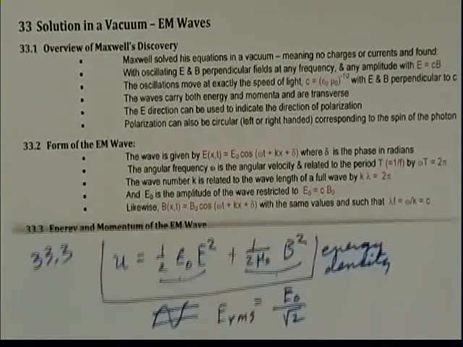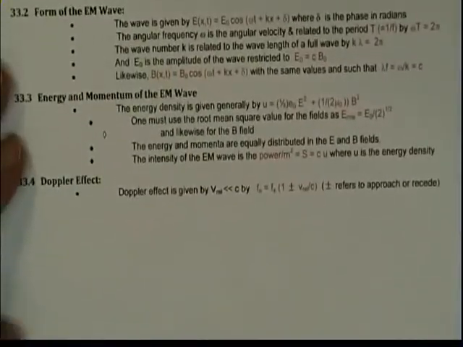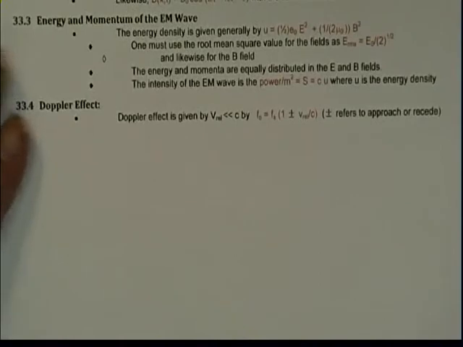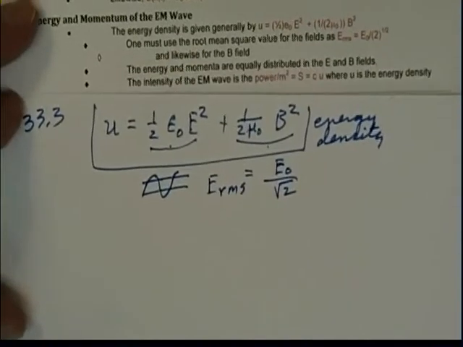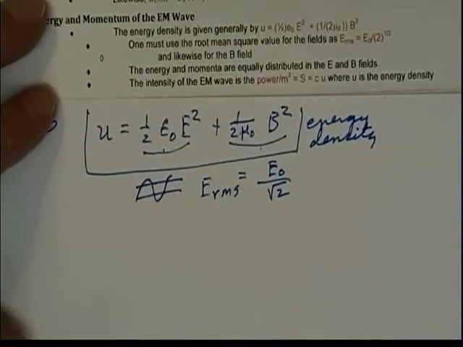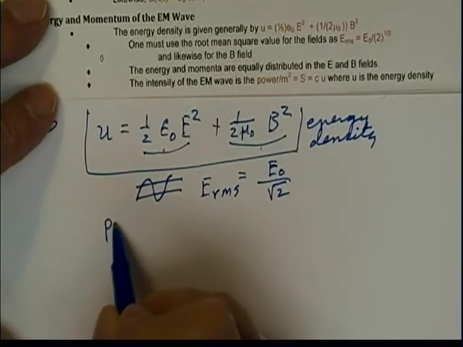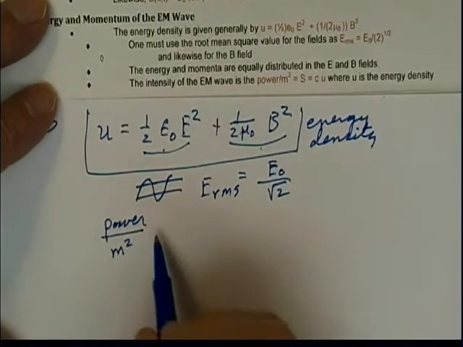There's a second part of this problem. Let me move this page up some. And the second part of this is the intensity of the electromagnetic wave, which is given by the power per square meter.